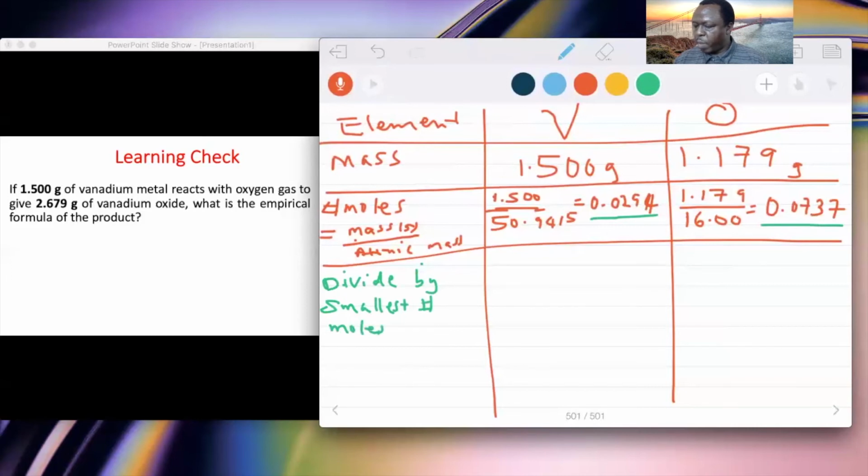So if I divide by the smallest number of moles, 0.0294 over 0.0294 gives me 1.